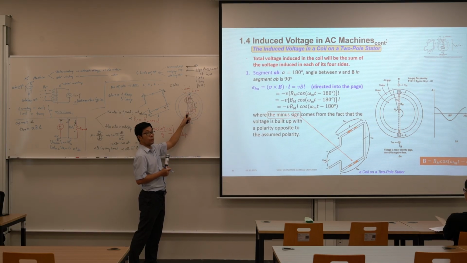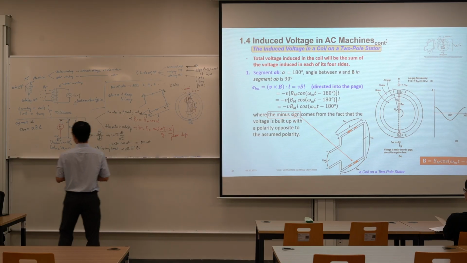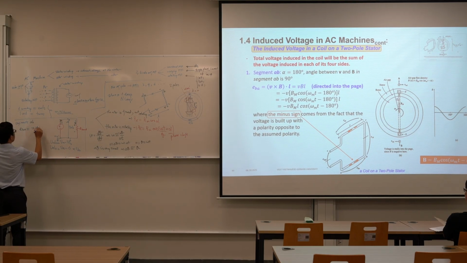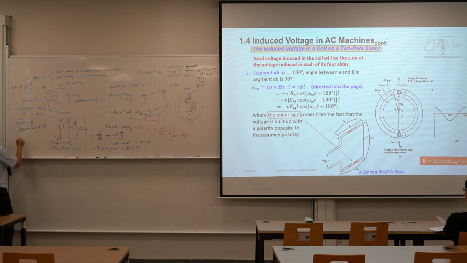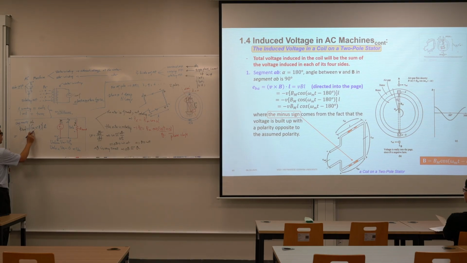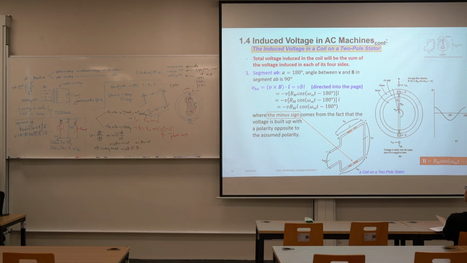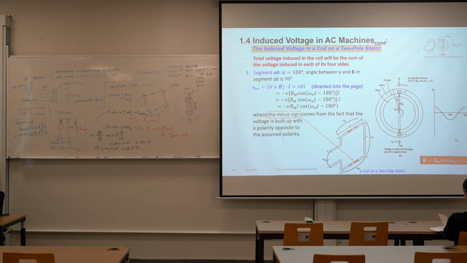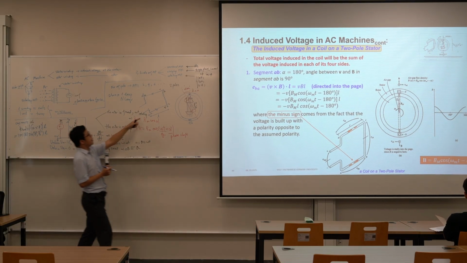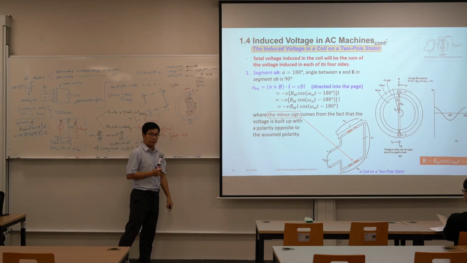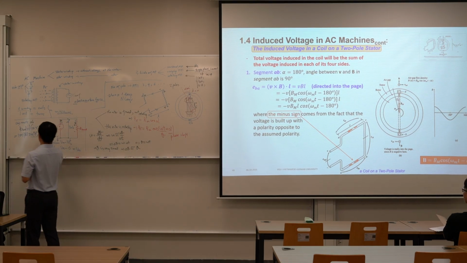So sine 90 degrees is actually here, V cross B times L. This is the magnitude. The magnitude of V cross B is V B sine theta, where theta is the angle between V and B, times L. AB is perpendicular to the magnetic flux density, so that means it is 90 degrees.